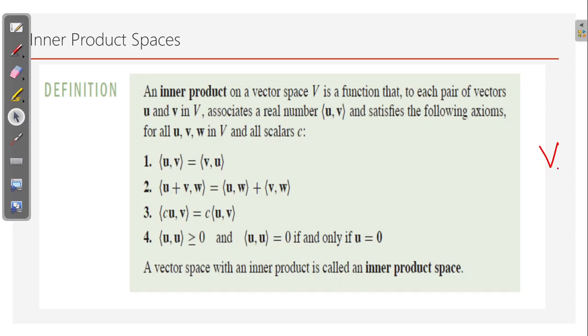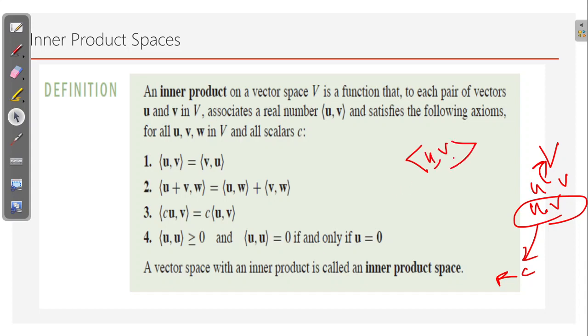For each pair of vectors u and v in V, that means two vectors u and v which belong to the vector space V, the function assigns the inner product to a real number, some real number R, or some number C. The inner product is written like this, this is the symbol for inner product, the inner product of u comma v.